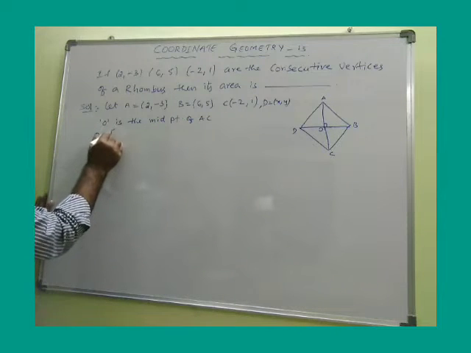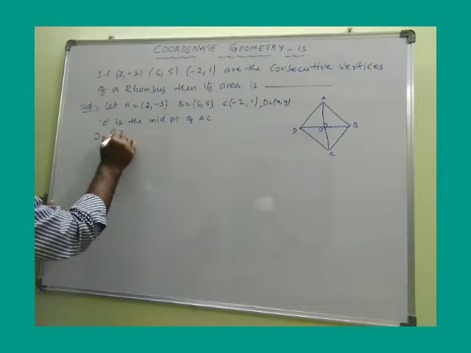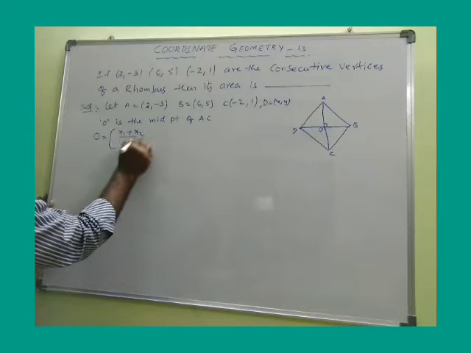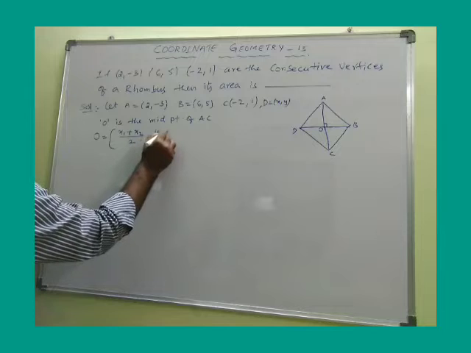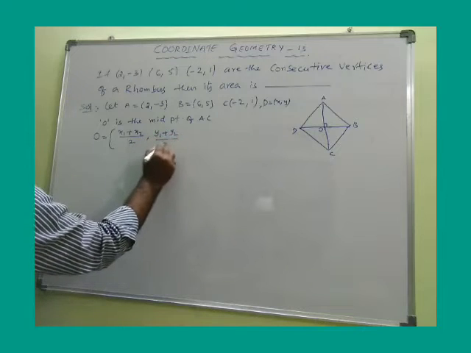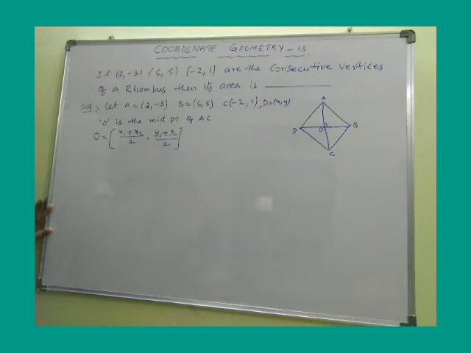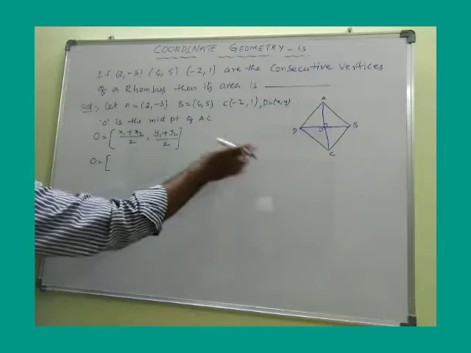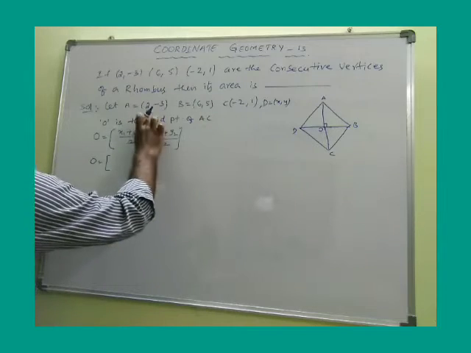Hence O is equal to the midpoint formula (x1 plus x2 by 2, y1 plus y2 by 2). This is the formula we need to apply for A and C.